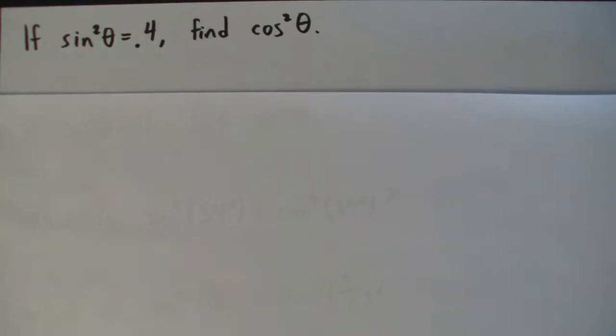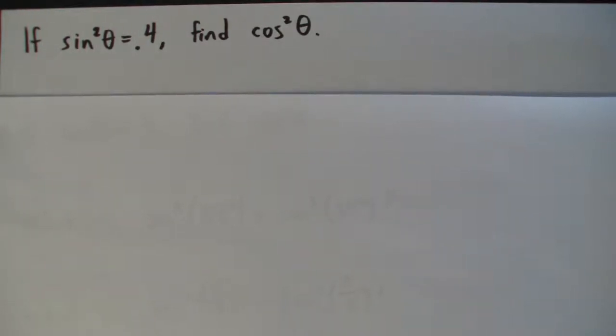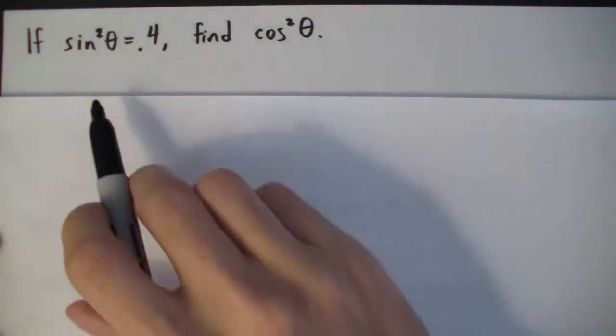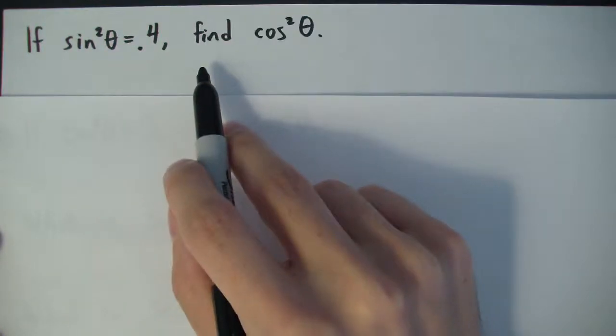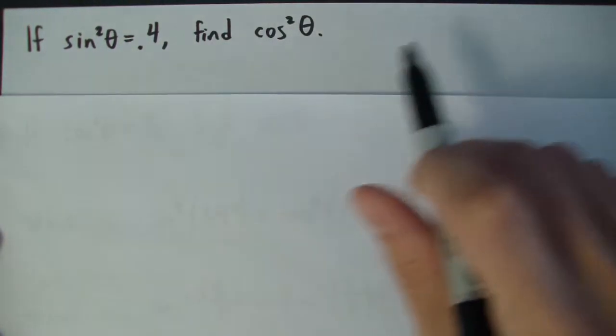Let's look at some examples of what we can do with Pythagorean identities. So first, suppose we are told that sine squared of theta is equal to 0.4 and asked to find cosine squared of theta.